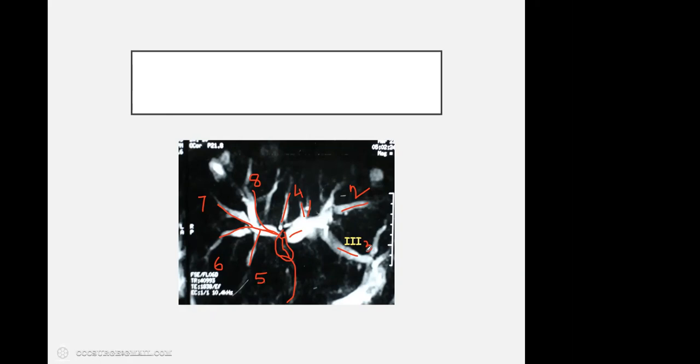So basically, this sequence is called the HASTE sequence. You need to remember the HASTE sequence, or if you cannot remember it, it is a heavily T2 weighted sequence. As I told you, in a T2 weighted sequence, the fluid containing structures appear bright, as I have shown in the previous slides, where the dilated bile ducts were bright, hyperintense or white looking on the axial section.